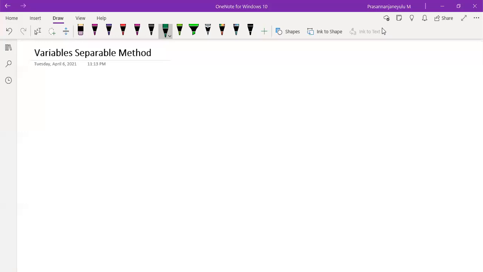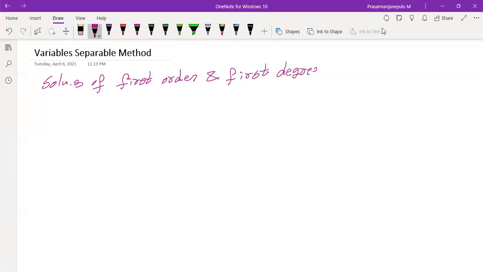Till now, we finished formation of ODEs. Now, how to find the solutions of ODEs? Especially, our concept is solutions of first order, first degree ODEs, that means ordinary differential equations.